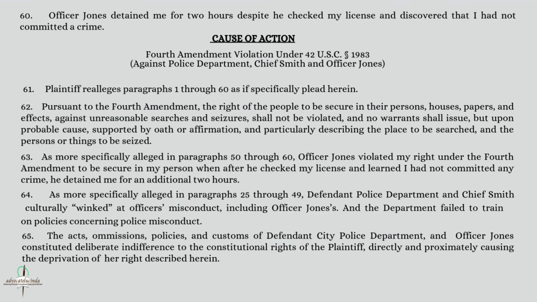And notice that this is the federal cause of action. You may have more than one federal cause of action, but for the purposes of this video, we're going to look at the Fourth Amendment. Notice that after allegation 60, you have allegation 61, 62, 63, 64, 65. And I want to show you something here.